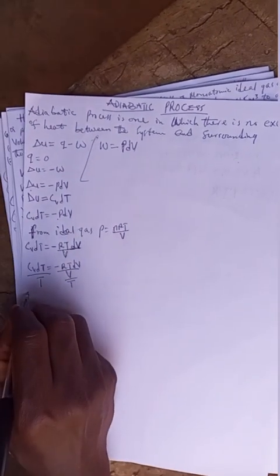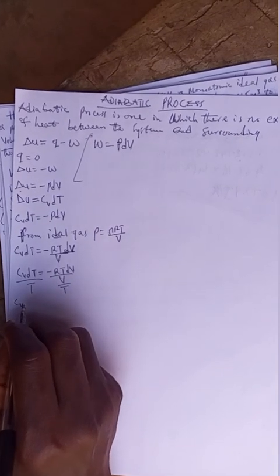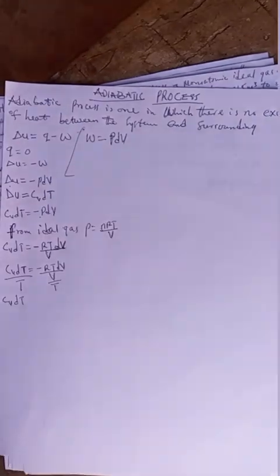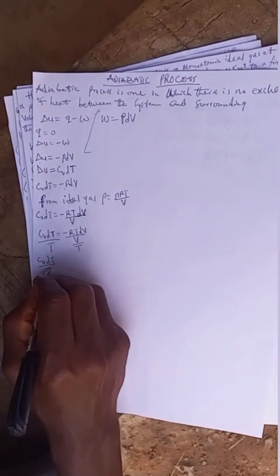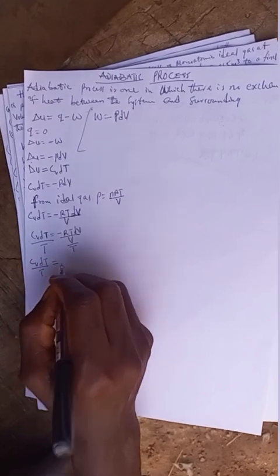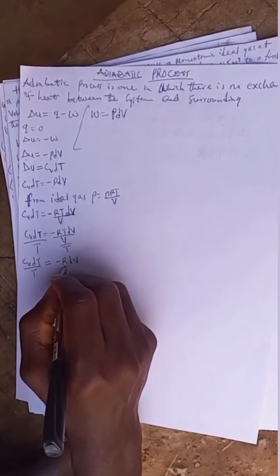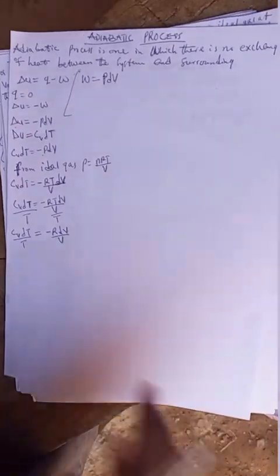Then you are going to have CV dT over T is equal to minus R dV over V. So the T has cancelled here, and the T has cancelled here.